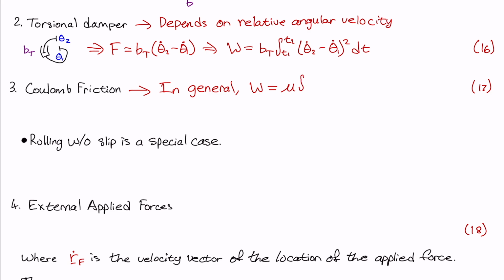Mu is just a constant always. So mu times the integral from t1 to t2 of n of t times the velocity of the contact point, not center of mass, times the signum of Vc, and this is actually just the scalar speed of that contact point, dt, where Vc here is the velocity of the contact point.